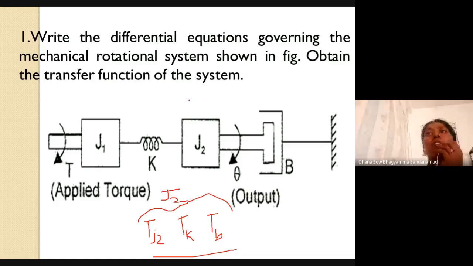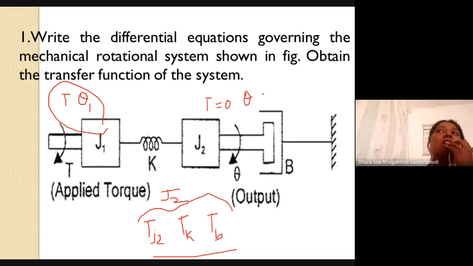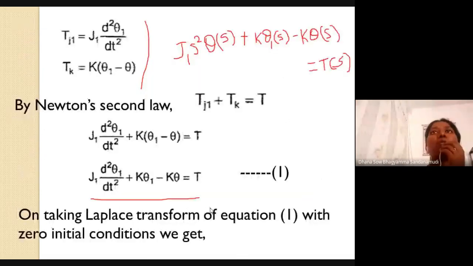What is the applied torque at J2? Applied torque is equal to 0. What is the angular displacement? It is theta. Whereas in the previous case, applied torque is T, angular displacement is not mentioned, so I am assuming theta 1 in that case. In this case, applied torque is 0, angular displacement is already mentioned, so you will consider it as theta. Some terms, if they are not mentioned in the question, you have to assume.